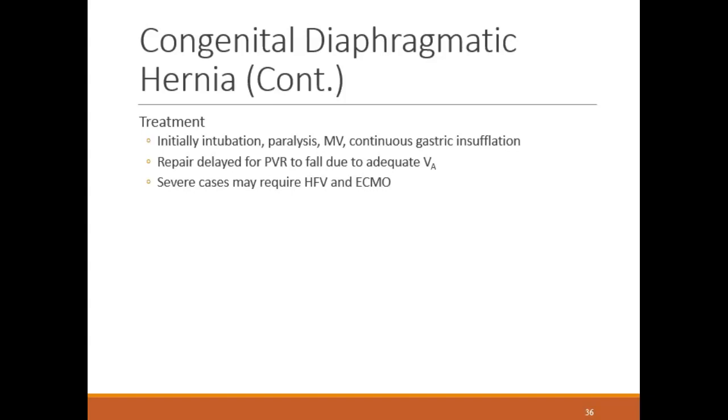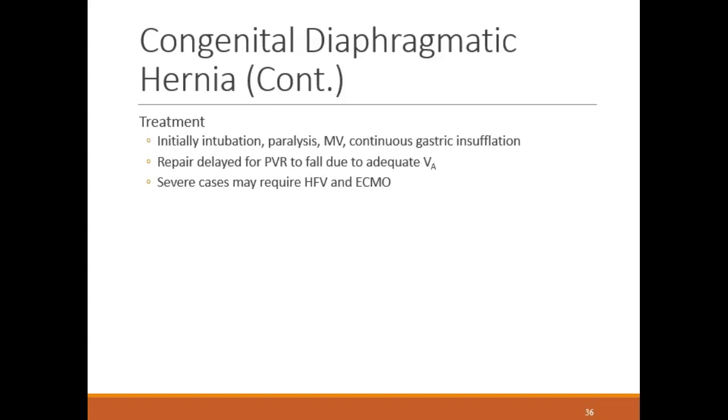Typically these babies are also going to be put on an NG or OG tube on continuous suction. That's going to help with ventilation and oxygenation. Most places, your book mentions, don't do surgical repair right away.